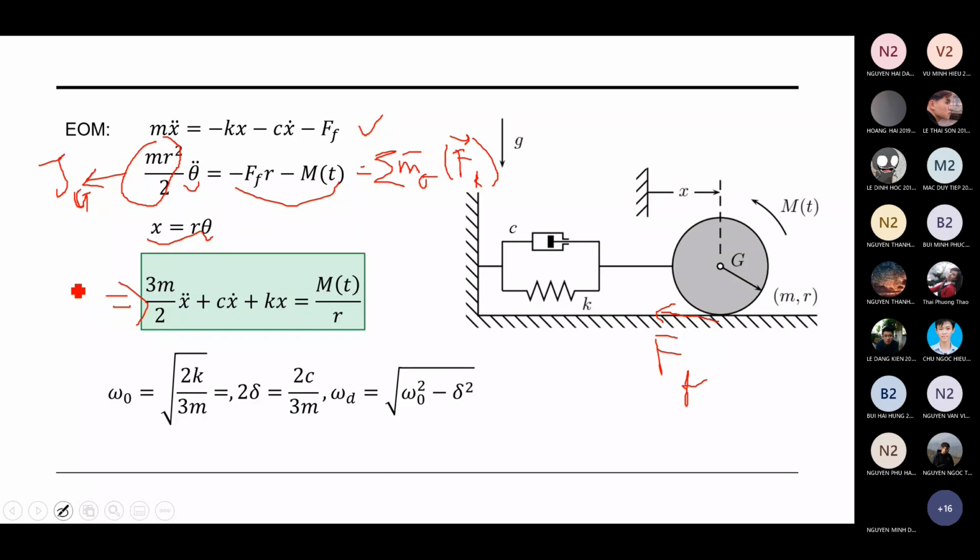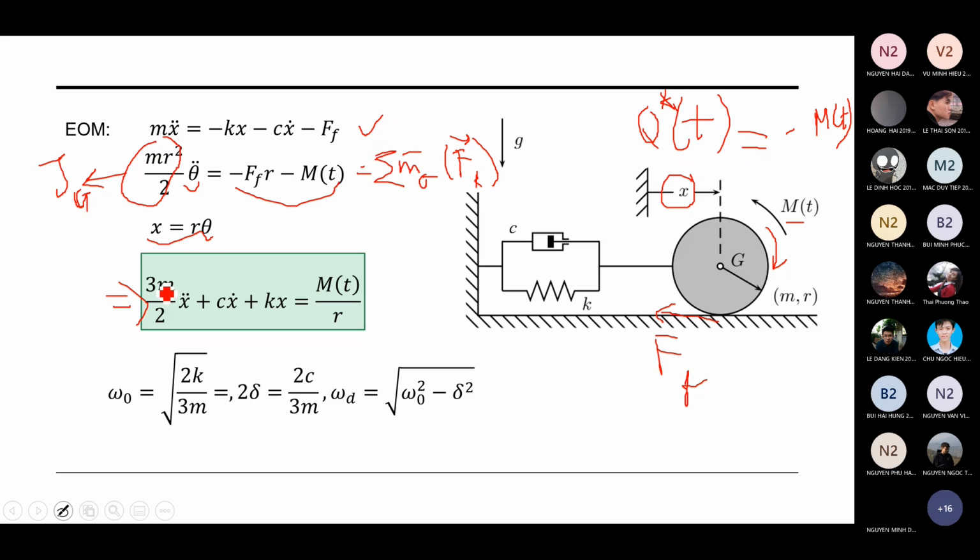And we have the generalized force here, it is Mt. If you use the Lagrange equation, the generalized force here should be minus Mt, because for the coordinate like this, the rotation direction is clockwise, but this Mt is anti-clockwise, which means it is in the reverse direction of the rolling direction of this disk. So you should take the minus here.